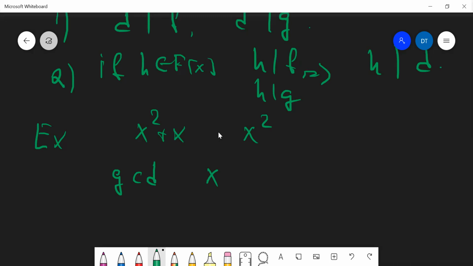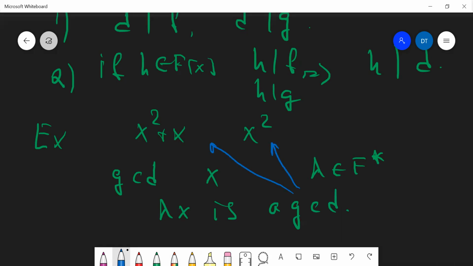You may multiply the greatest common divisor by any non-zero constant. So if I take an arbitrary element lambda from F star, which is the set of non-zero elements of the field, the set of invertible elements of the field, this is the same, then lambda x is also a greatest common divisor for these two polynomials. So the greatest common divisor is defined up to multiplication by a non-zero constant.